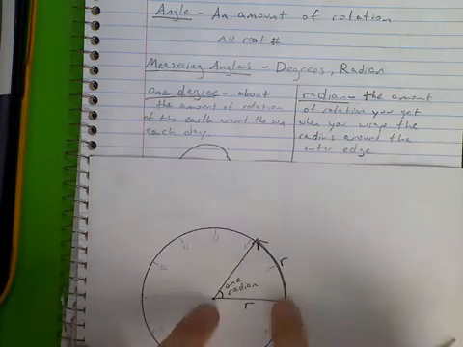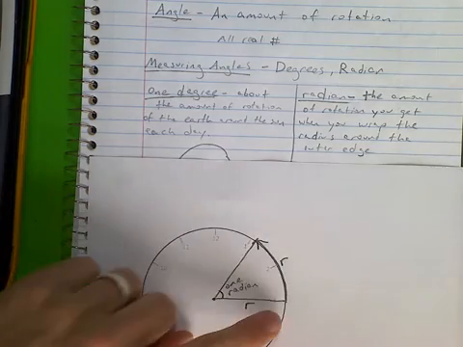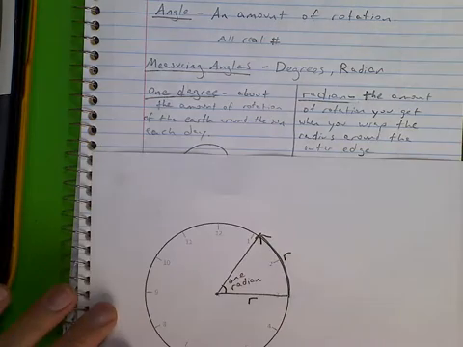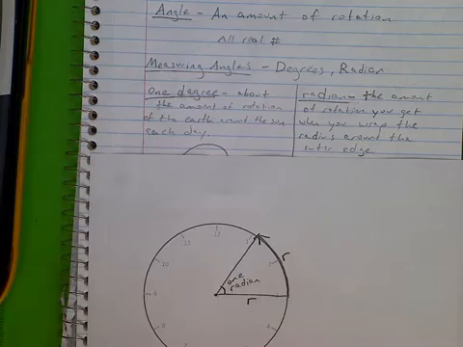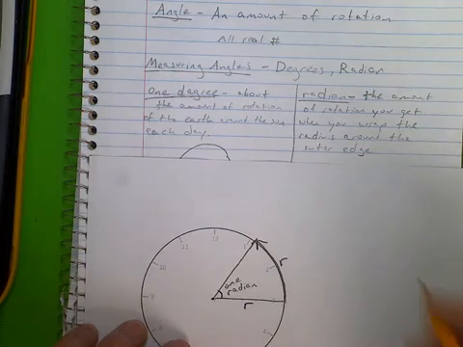So I take the radius length, wrap it around the outside. That takes me a certain amount around the circle, and I call that 1 radian.